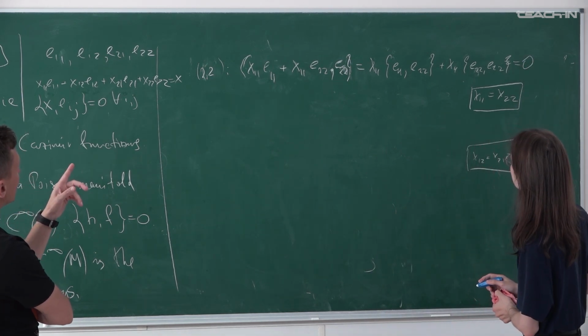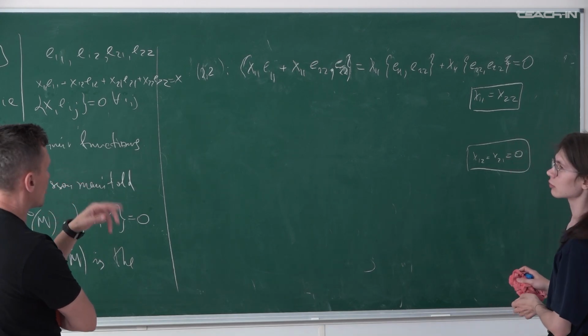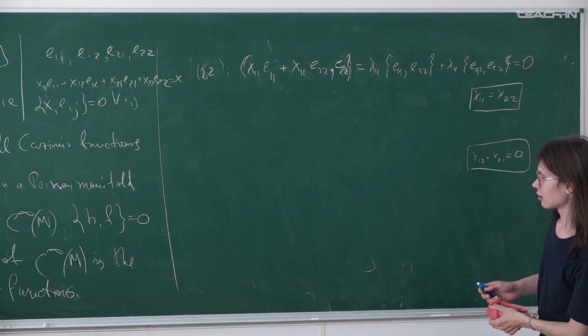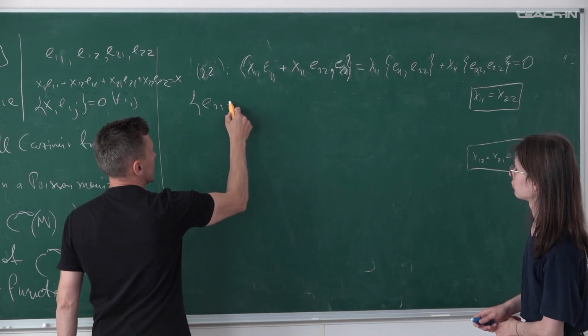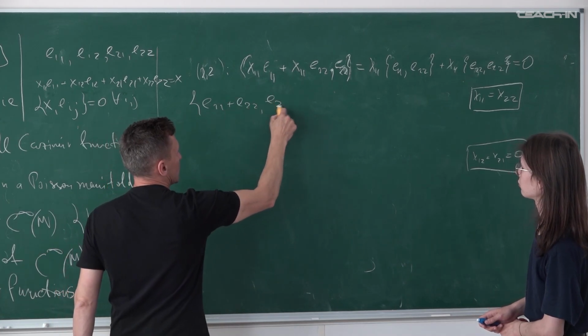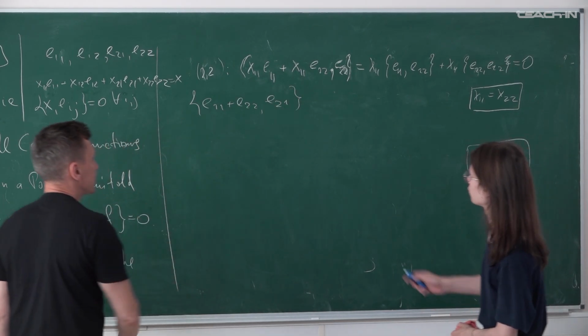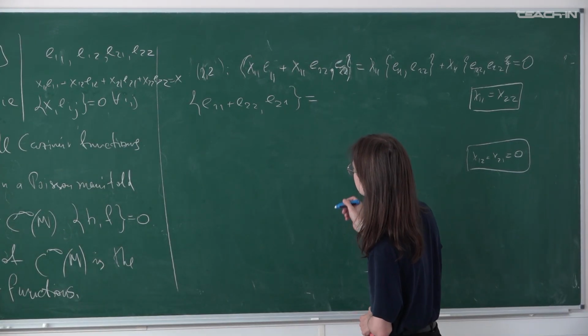And the rest is the element E21, if I understand well. So we have to verify such a bracket, E11 plus E22 with E21. Is it 0?